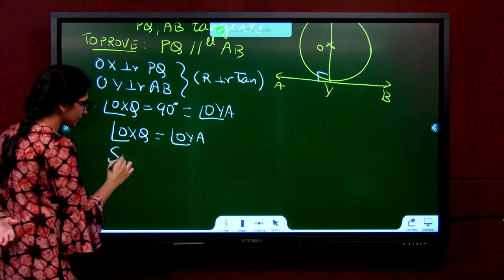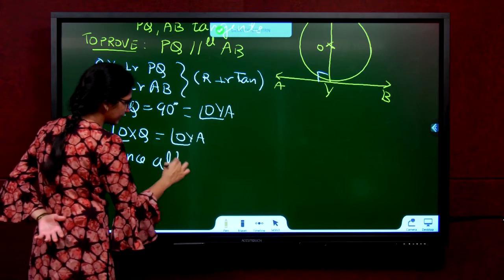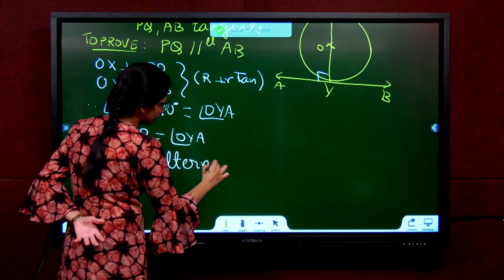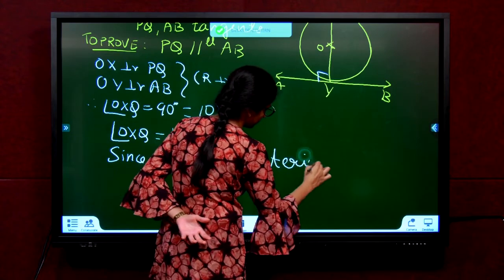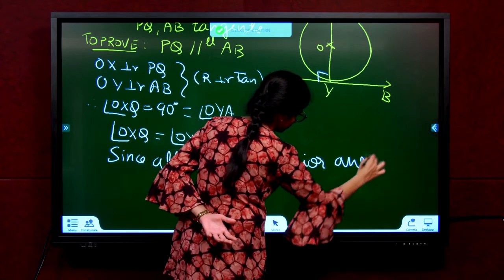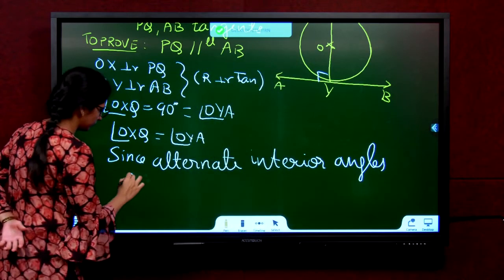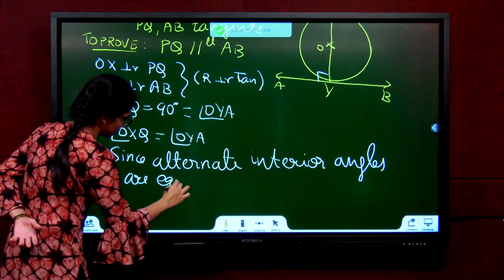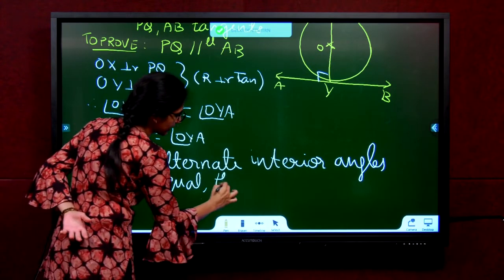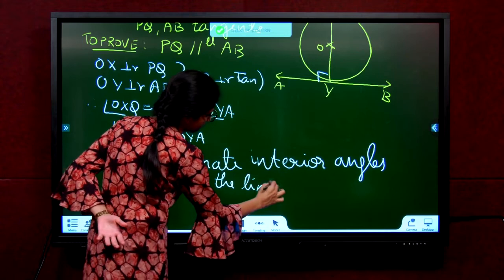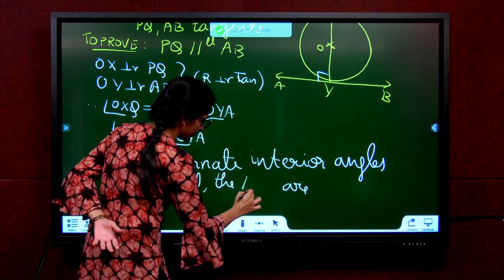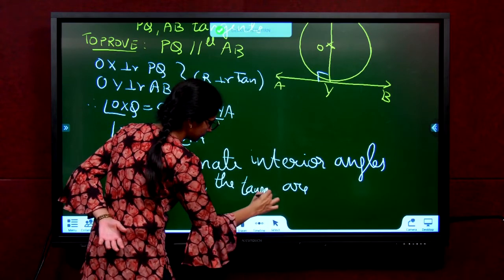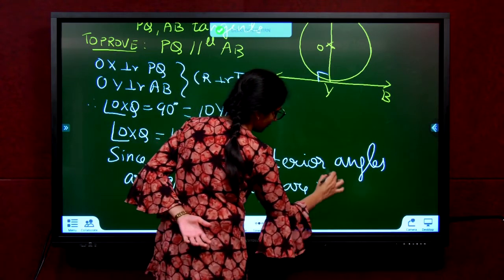So since alternate interior angles are equal, the lines are parallel. The tangents, here it is tangents, are parallel.